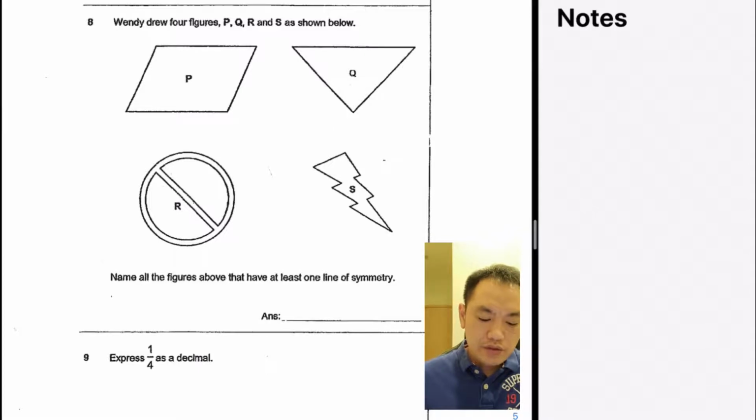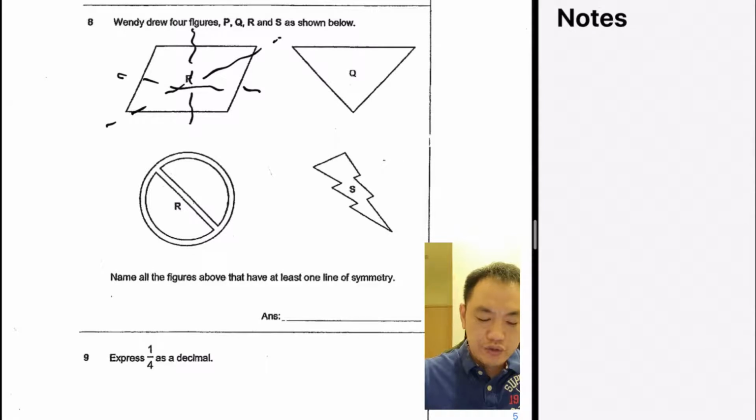So the key thing is, would you be able to draw a symmetry line? If you are able to draw a symmetry line and both sides look the same, then that figure is symmetrical. So for P, it is not possible, because no matter if you draw here or here or here, it doesn't look the same.